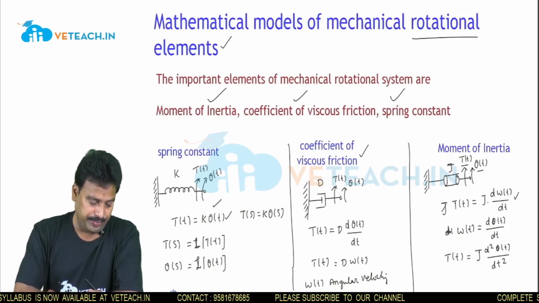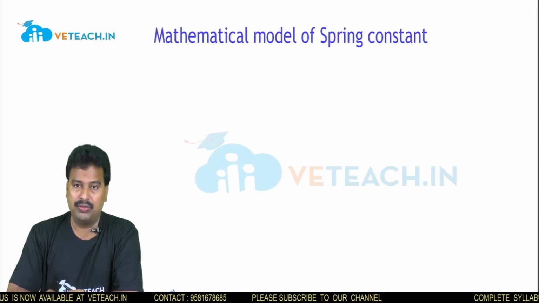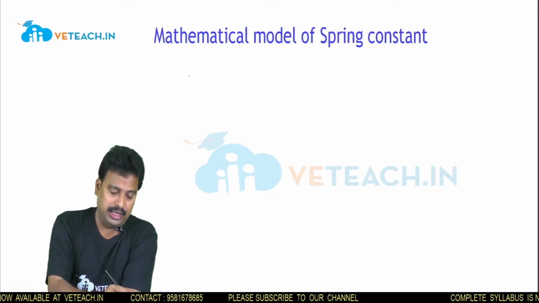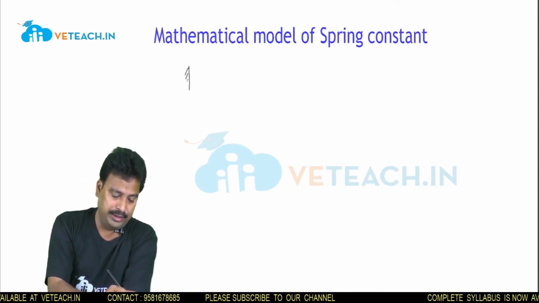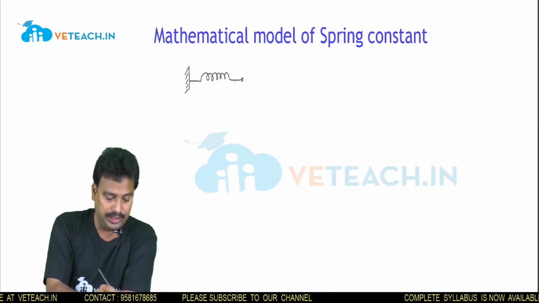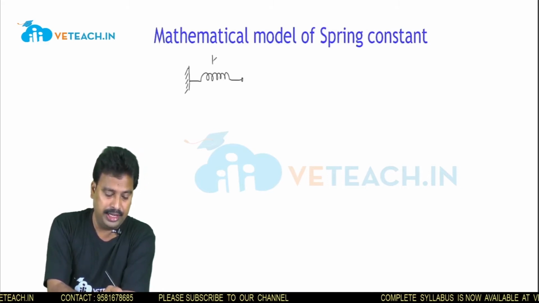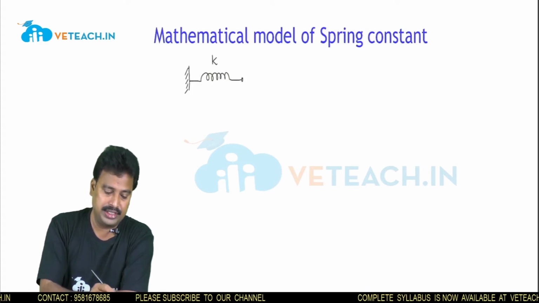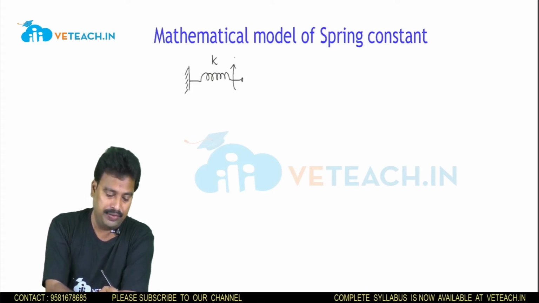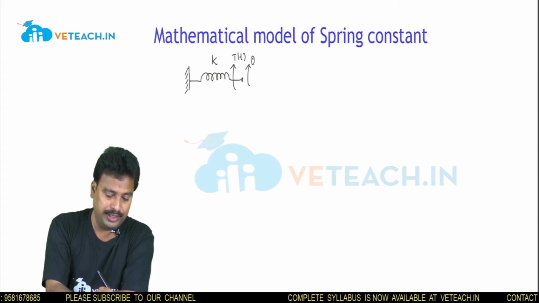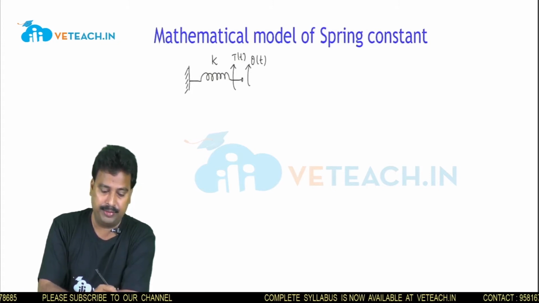Now, we see the mathematical model of the spring constant. Again here, I am drawing the spring like this, and K is its stiffness constant. Torque T of t is applied like this, which causes a displacement theta of t.